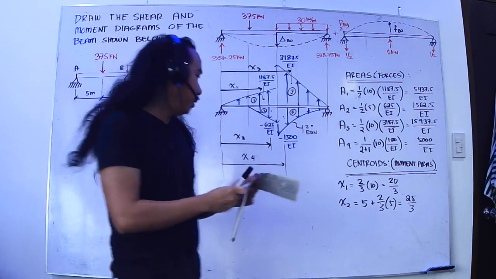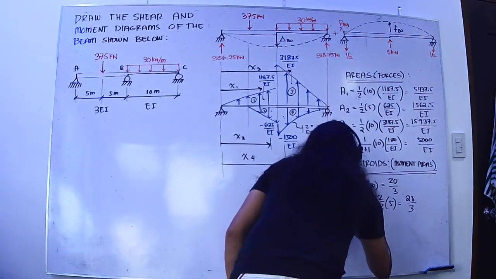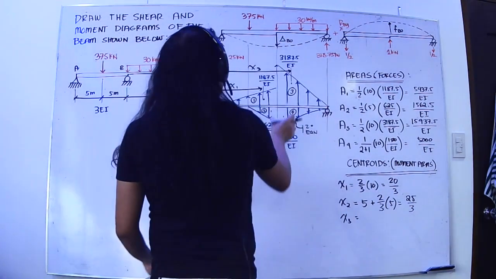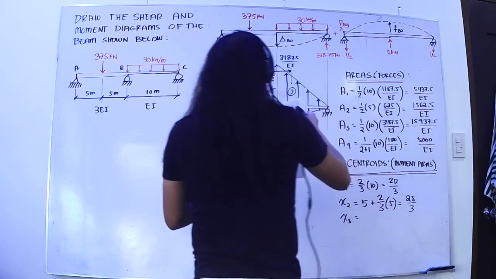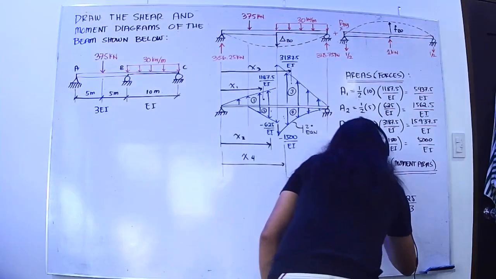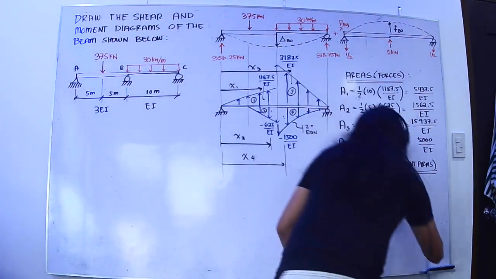Let's continue on with x3. x3 is basically just 10 plus 1/3 of 10. That is equal to 40/3.